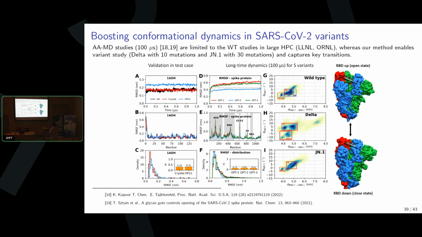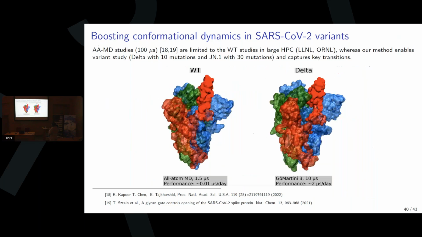So the profiles are very different, but you could see that delta has some open states, which are much more open, giving the ability to stay in the active state much longer than any of the other variants. Of course, this is a hypothesis to say that delta was more pathogenic than any of the variants that came later, right? And okay, I want to play this video.